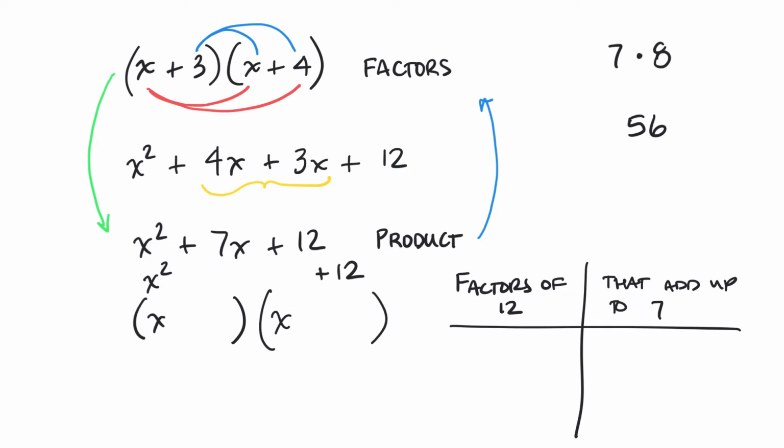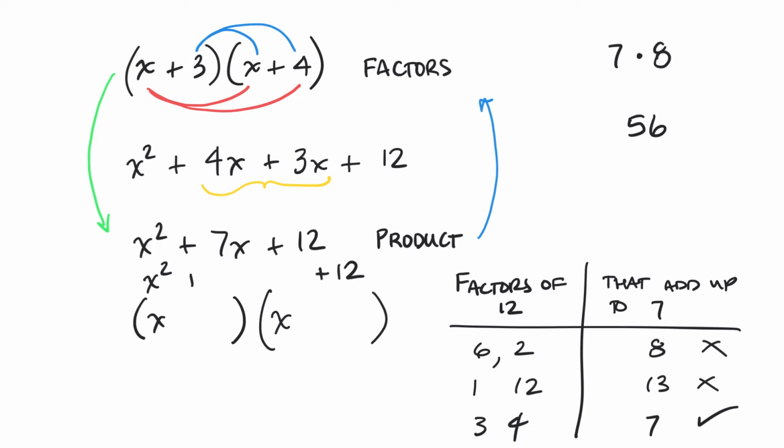Factors of 12 that add up to 7. So then you can just start listing factors of 12. And we already know that it's 4 and 3, but if you didn't know it was 4 and 3, just start with the first thing you think of, 6 times 2. 6 and 2, well, that adds up to 8, so that's not going to do it. 1 and 12, that adds up to 13. That's a big nay. 3 and 4, that adds up to 7, so you know you've got your right combination.